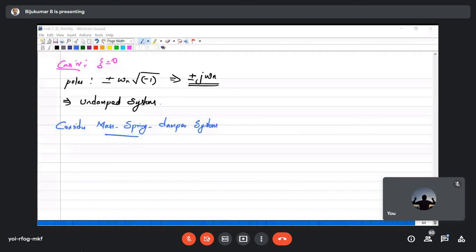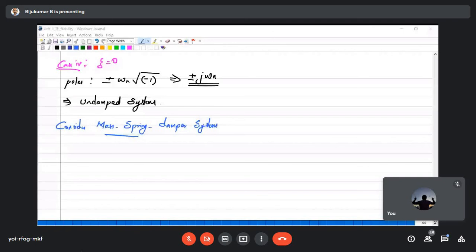Yeah. So the mass spring damper system. The transfer function of this system, we already saw all those things, right? Anyway, I'm not going to derive it. So what is the transfer function of this system? Y of s divided by U of s is equal to 1 divided by m s square plus b s plus k, right?